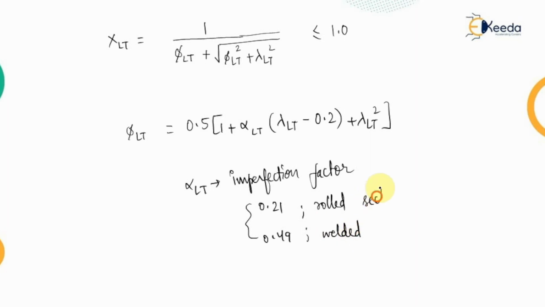Rolled sections are the sections which are readily available, and welded sections are the sections that we build up, known as built up sections. So for those built up sections, the value of the imperfection factor will be taken as 0.49, while for the rolled steel section it will be taken as 0.21.